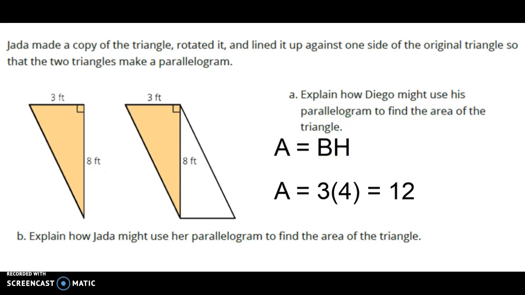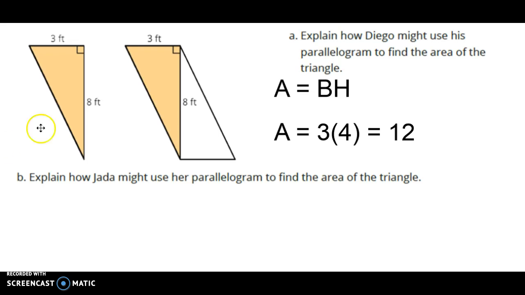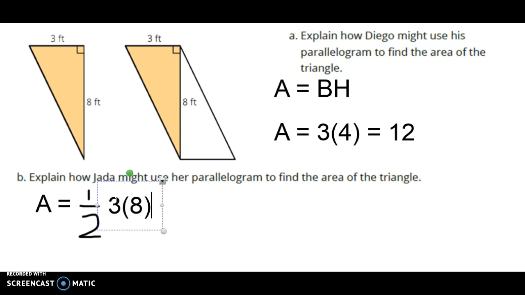Now Jada is going to look a little bit different because in her parallelogram, only half of the parallelogram is made up of the triangle. So for Jada, she needs to say that her area equals 1/2 of the area of the parallelogram, which is 3 times 8.